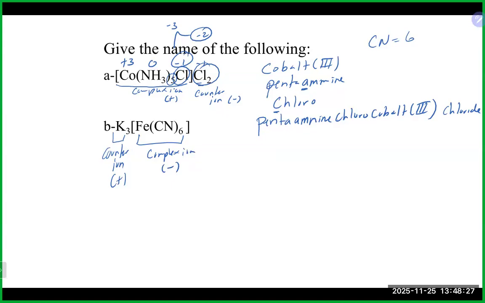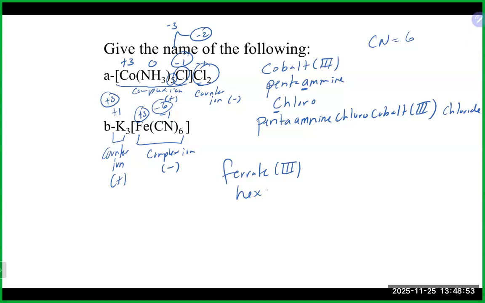Figuring out oxidation state, that's -1 for cyanide, and that's -6 overall. On our counter ion side, we have +1, and there's 3 of them, which is +3. So once again, we get a +3 for our iron. Because our complex ion is negatively charged, that's going to be ferrate 3 instead of iron 3.